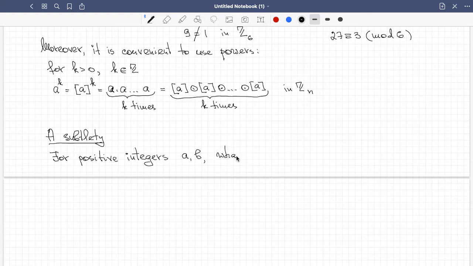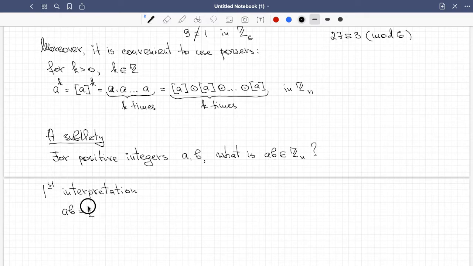What is AB as an element of Zn? First interpretation is that AB is meant as the class of A multiplied by the class of B, a multiplication in Z mod n.